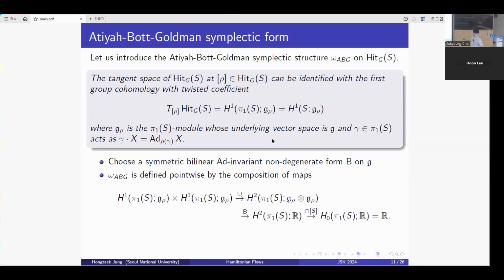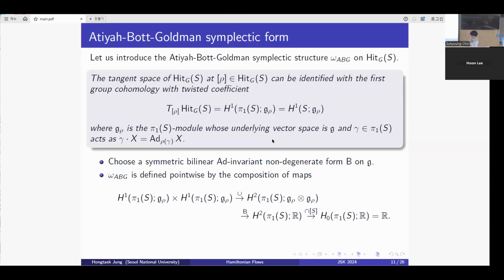Whatever you choose, they are all the same up to a constant multiple, so it doesn't really matter which form you use.